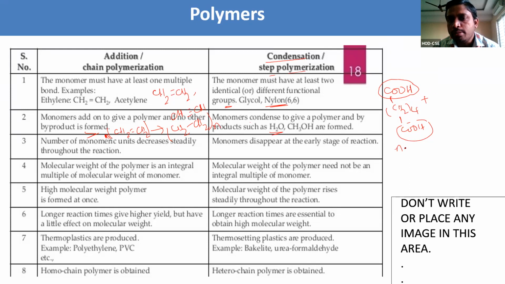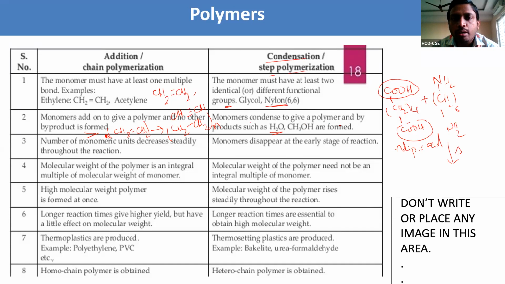The monomers involved in this preparation are adipic acid, which reacts with hexamethylene diamine, with elimination of H2O molecules. H from the NH2 is eliminated, so 2H2O is lost. That means a byproduct is eliminated.